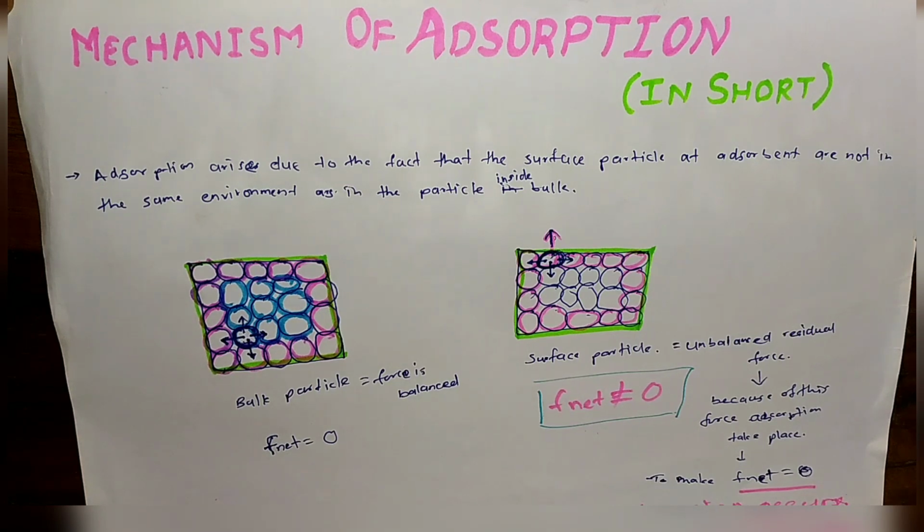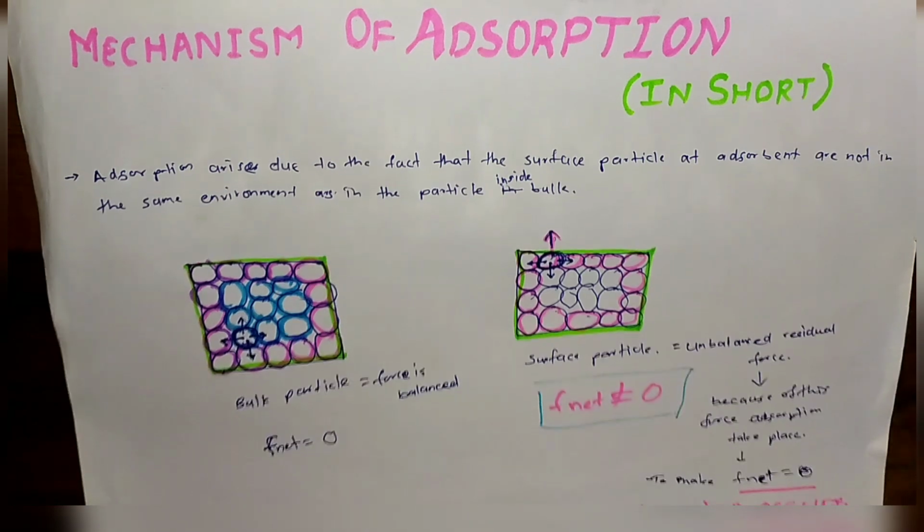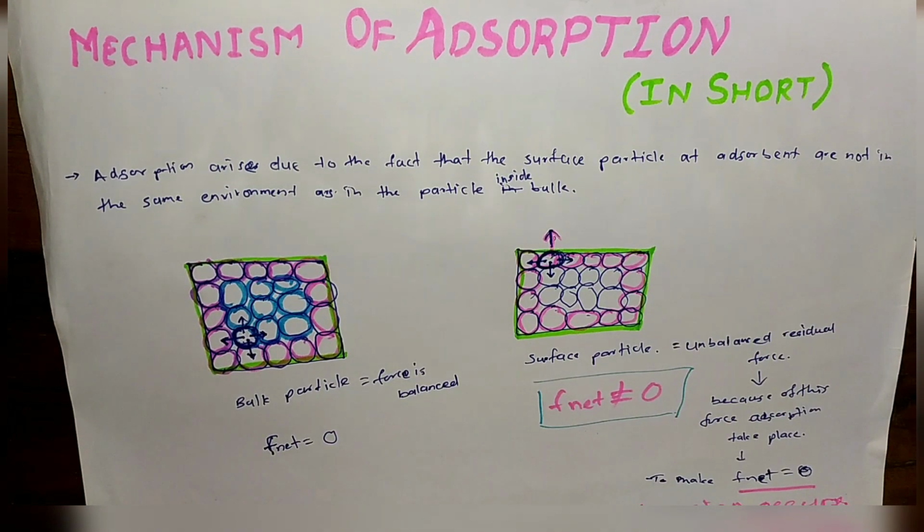Because of this force, adsorption takes place to balance it. When adsorption occurs, the net force becomes zero. That's why adsorption takes place at the surface of the object.